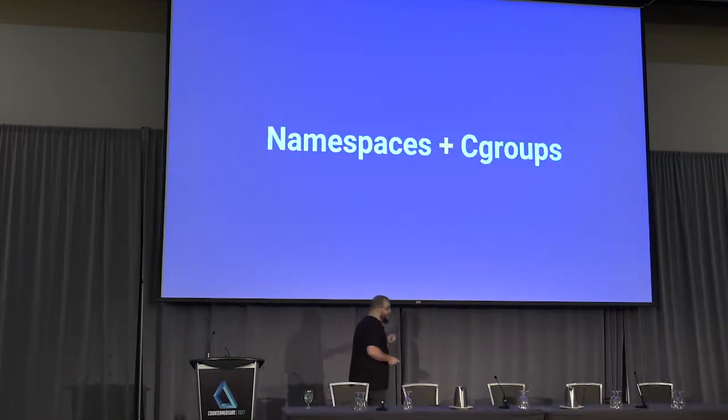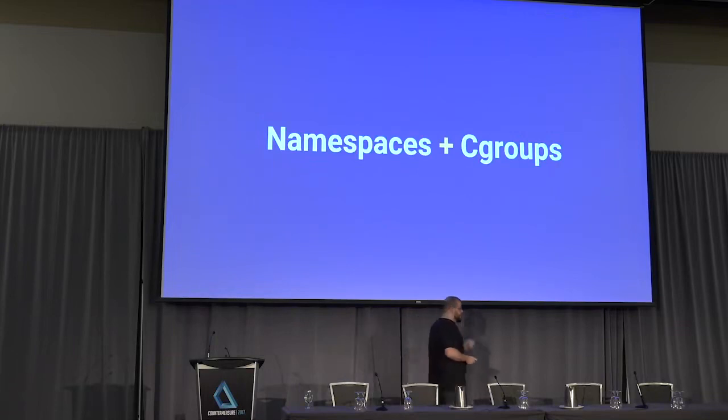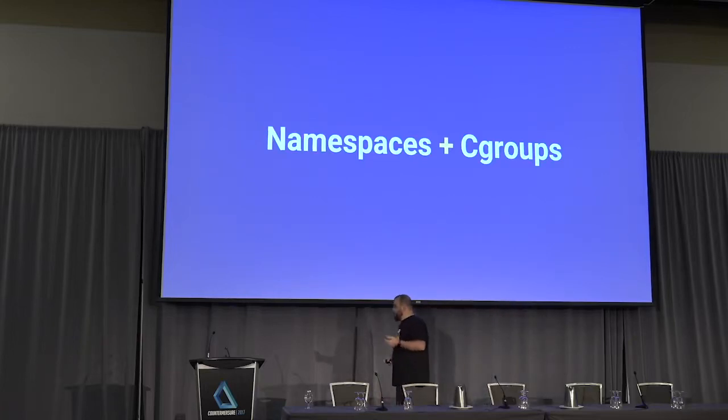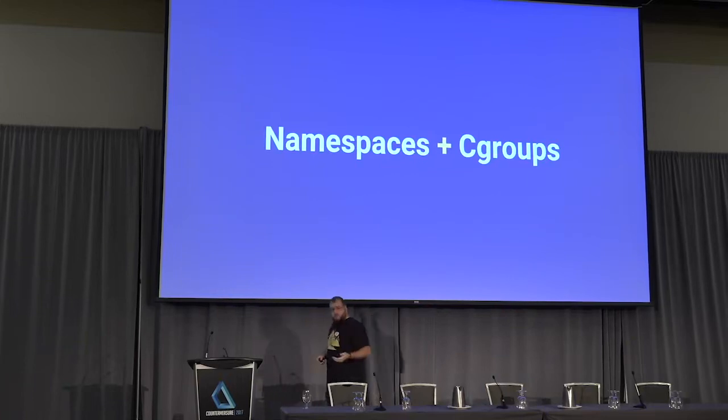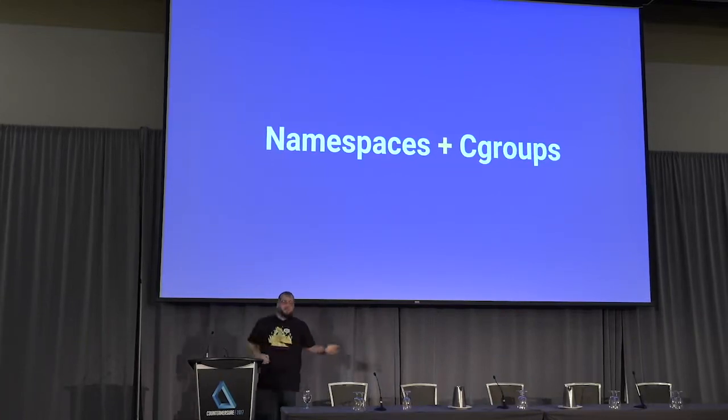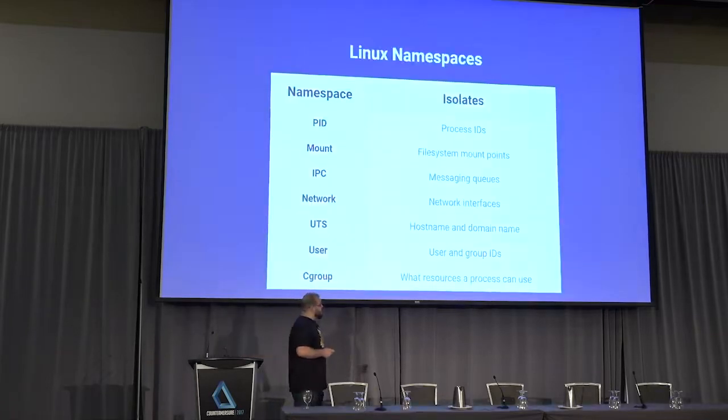So containers are made up of 2 distinct pieces, essentially: Linux namespaces and control groups, or cgroups. And we're going to step through some of these namespaces and control groups and try to identify which threats we can then remediate while we employ these.